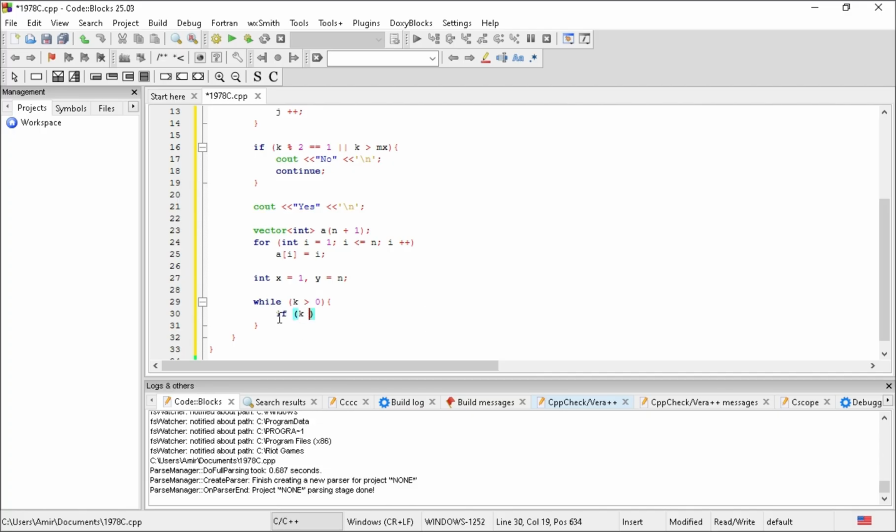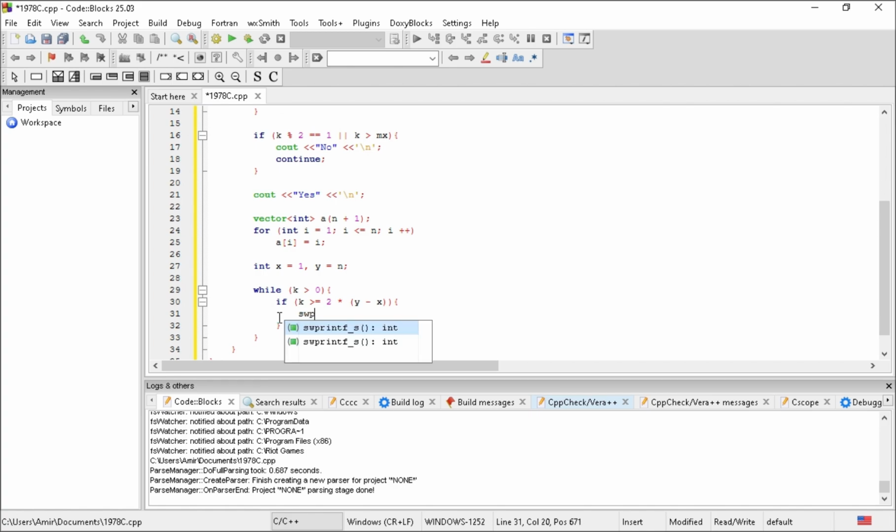So if k is greater than what we can get if we swap our x and y, we basically just swap them. That means that after we swap x and y, we'll have to do other operations too.